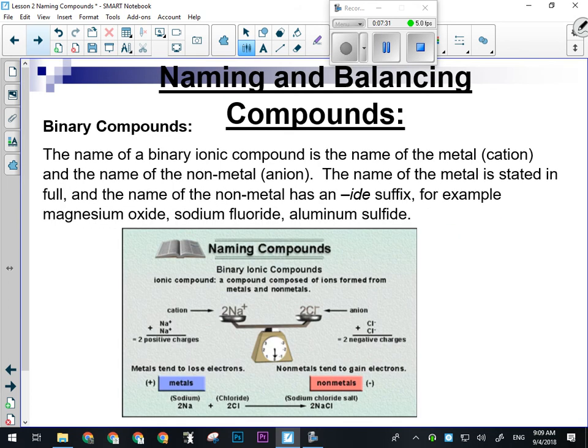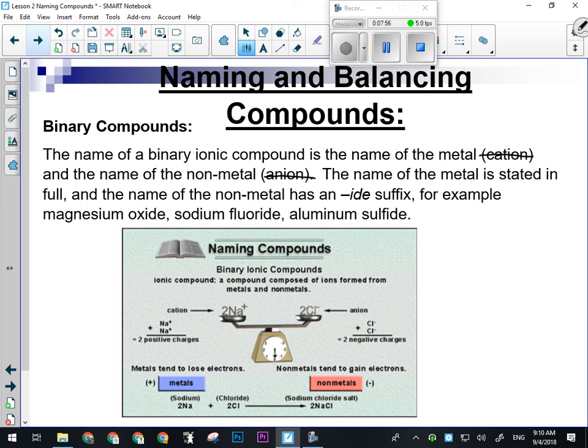When we're writing the actual name out for an ionic compound, we always write the metal first and the non-metal second. You don't have to worry about these terms yet, they'll be more important in Chem 20, but the positively charged ion is the cation and the negatively charged ion is the anion, but you don't need to know that. So we have a metal and a non-metal.